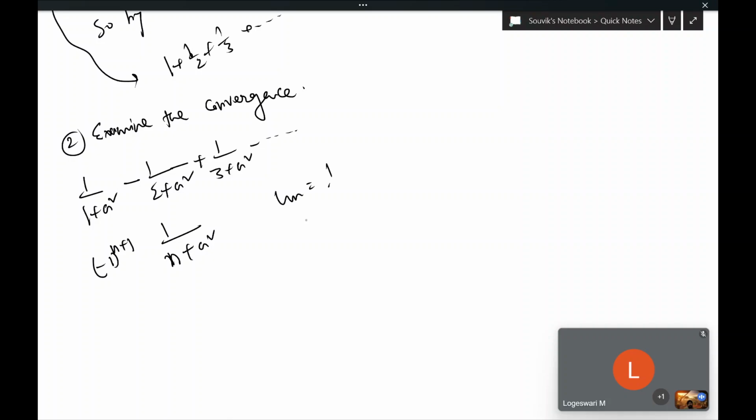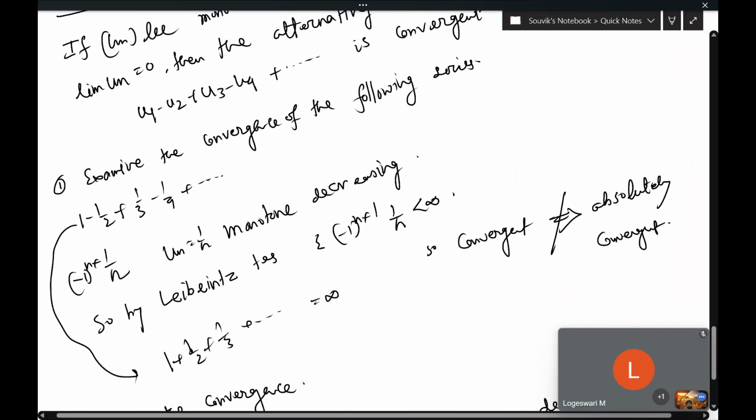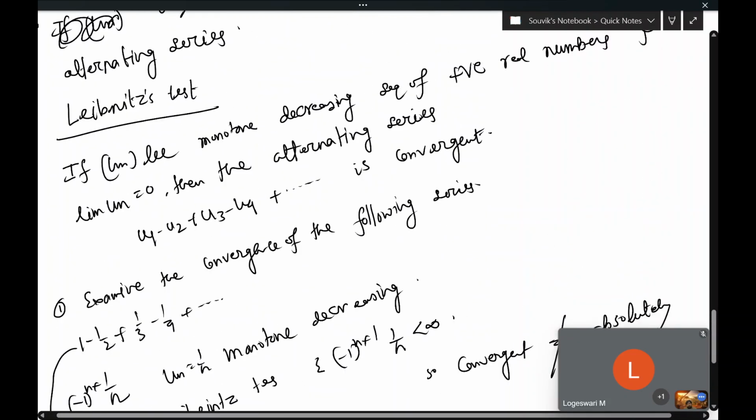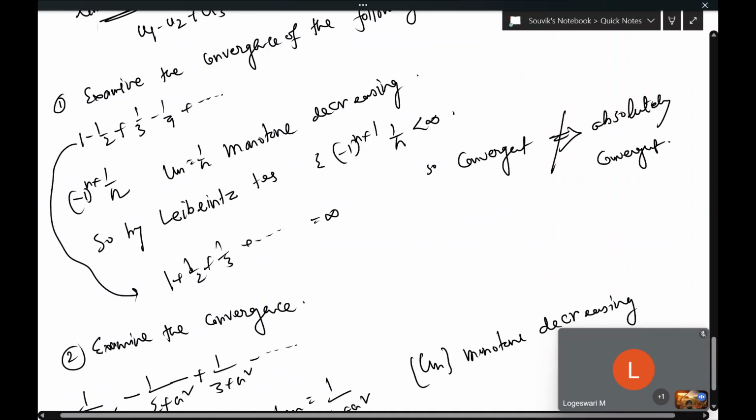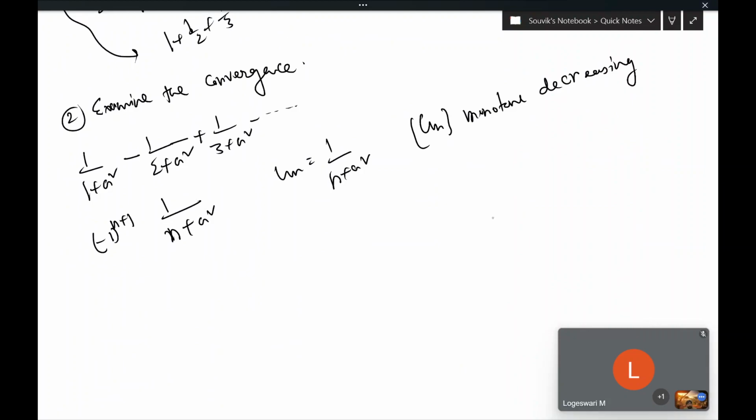So u_n is equal to 1 by n plus a square, and the sequence u_n is monotone decreasing. Also, for the Leibniz test we need to ensure that the limit of u_n is 0. So here, what is the limit of 1 by n plus a square? It is 0.